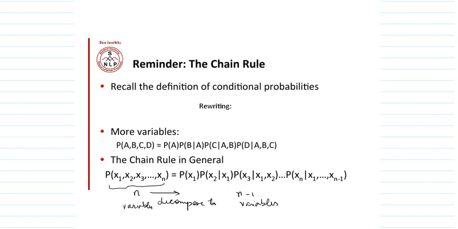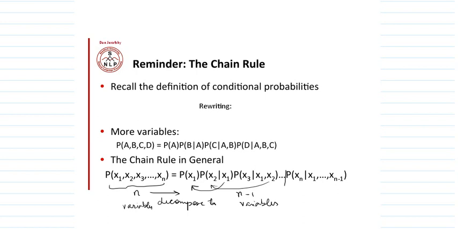So p of x1, x2, x3, x4 up to xn can be written as p of the first variable, multiplied by p of the second variable given the first one, then the third variable given the first two, and so on.